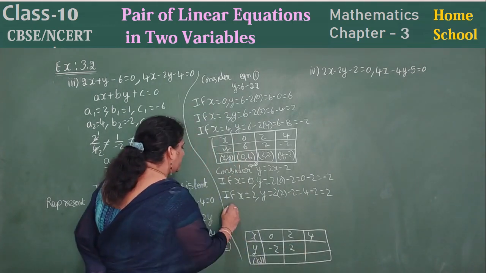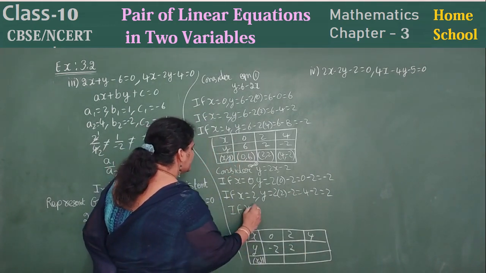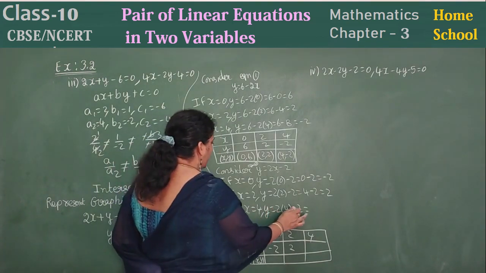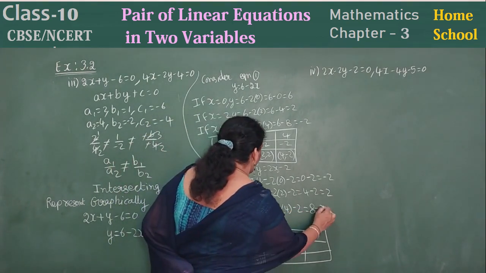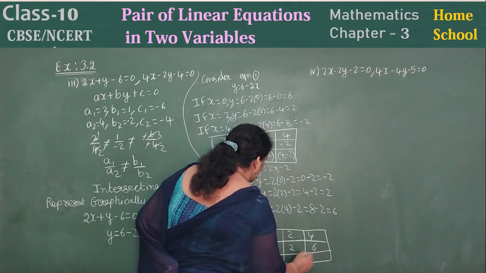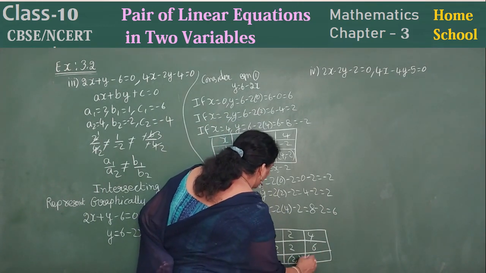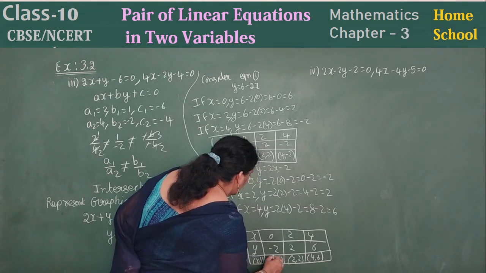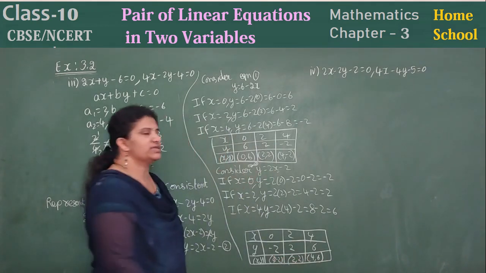And if x is equal to 4, y is equal to 2 into 4 minus 2, which is 8 minus 2, equal to 6. So what can you say, children? What are all the coordinates here? 0 comma minus 2, and 2 comma 2, 4 comma 6.